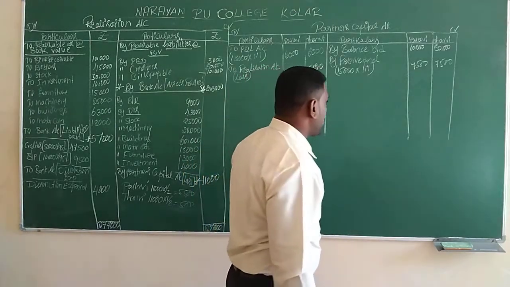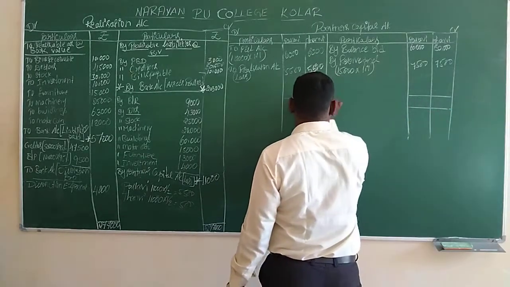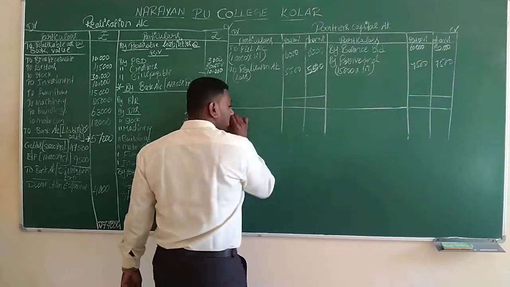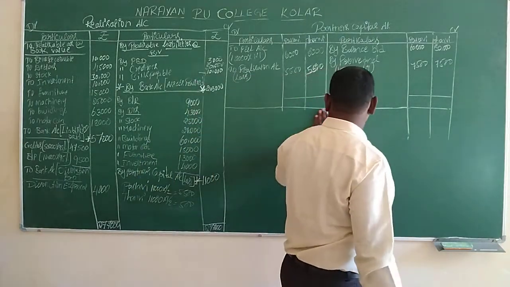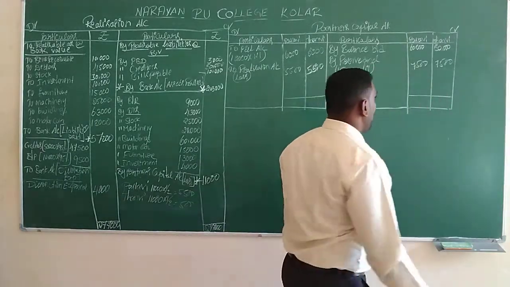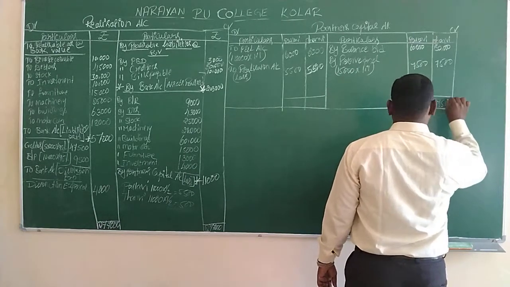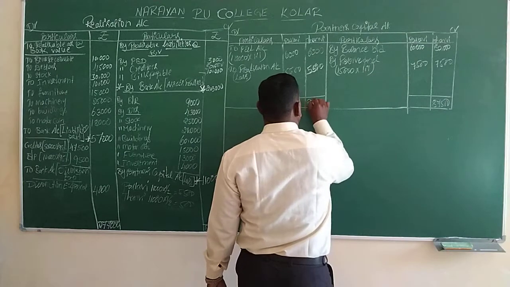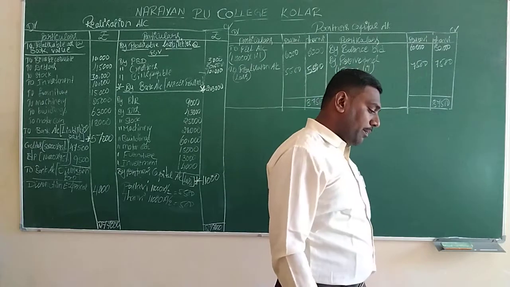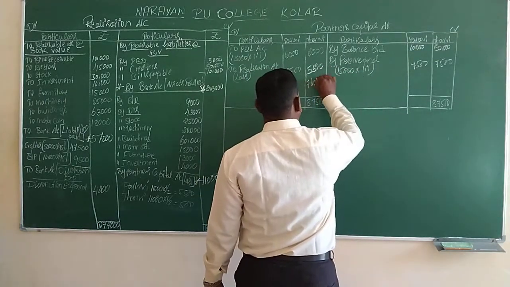Now we have to close the account. So before closing, just see which side has the highest value. Always credit side only. Sometimes there is a chance that we get the debit side as the highest value, but most of the time we get the credit side. First partner, 80 plus 7,500, 87,500. Same value we recorded here, 87,500. 87,500 minus these two values, we will get 76,000.